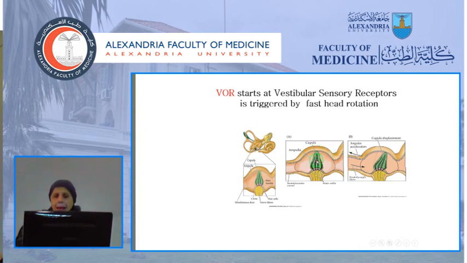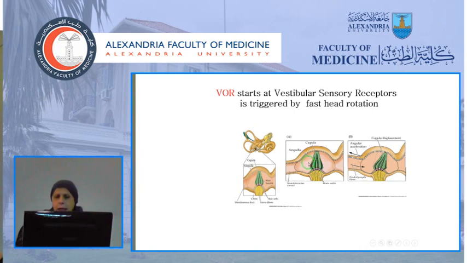But what will lag behind is the fluid, which is not attached to the walls of the bony and membranous labyrinth. The lag of the fluid, the endolymph, will make a change in the pressure on the cupula, which is the gelatinous part that is circumscribing all the hairs of the sensory receptors.